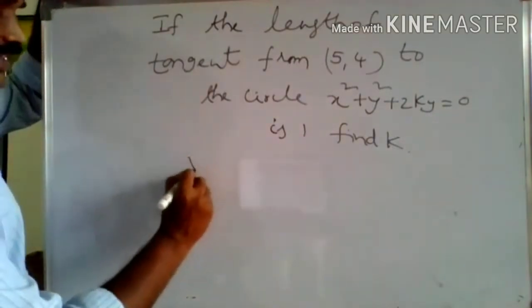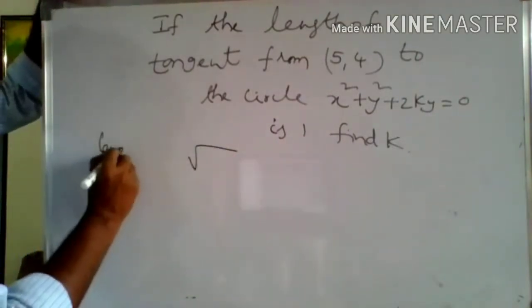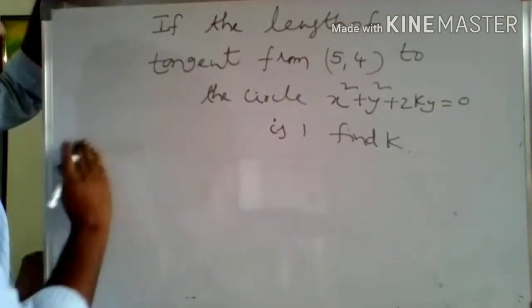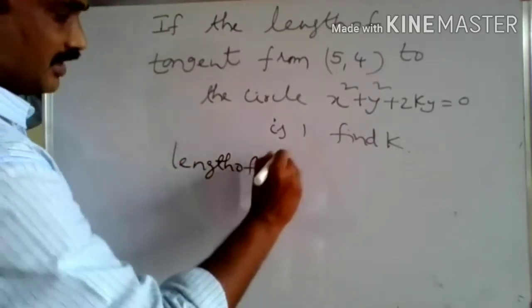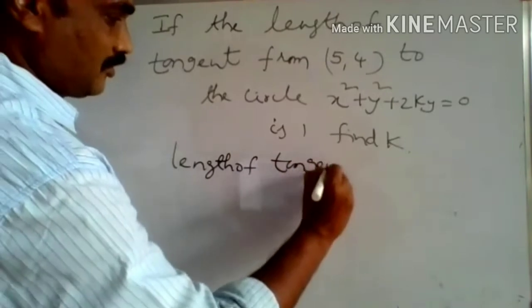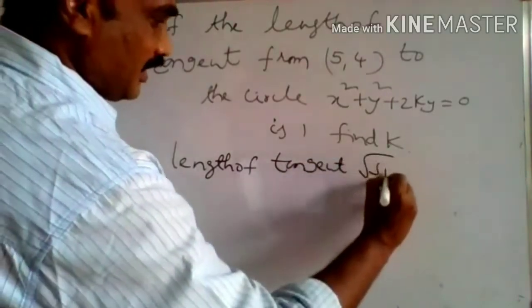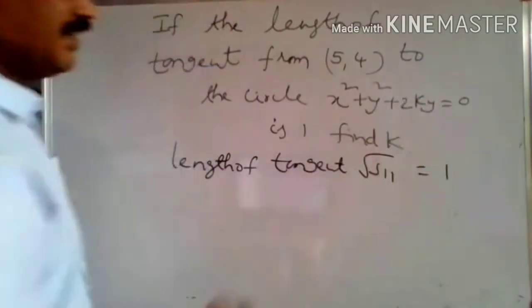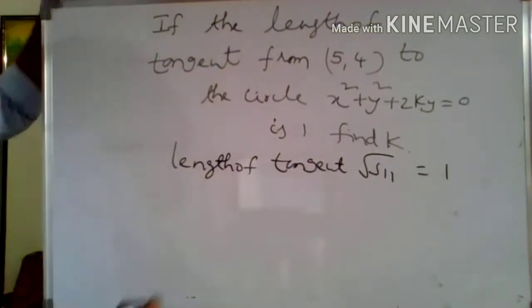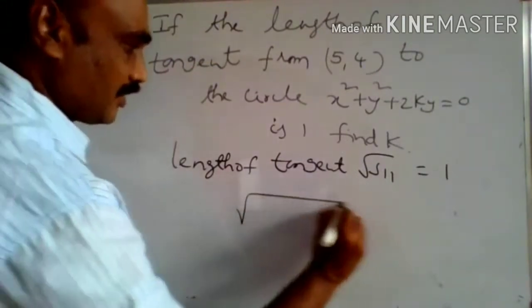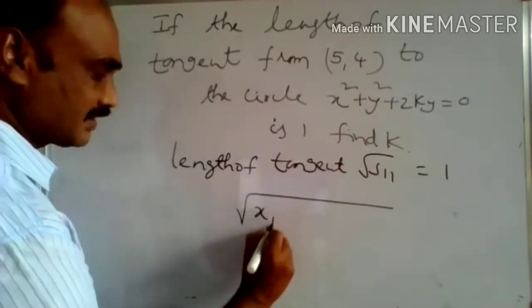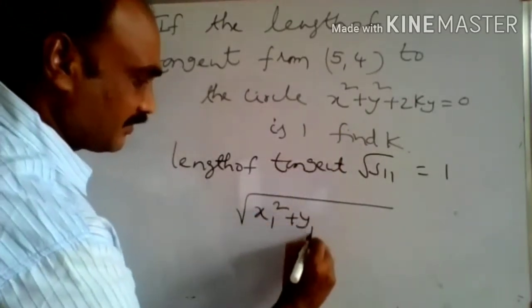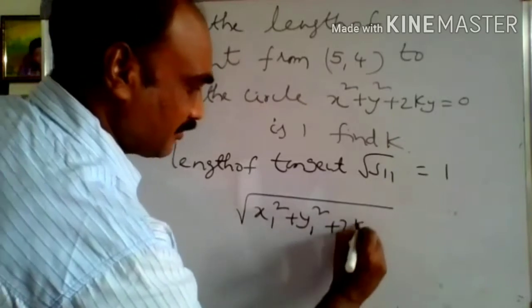So the length of tangent is √S11, and √S11 is equal to 1. S11 = x1² + y1² + 2k y1.